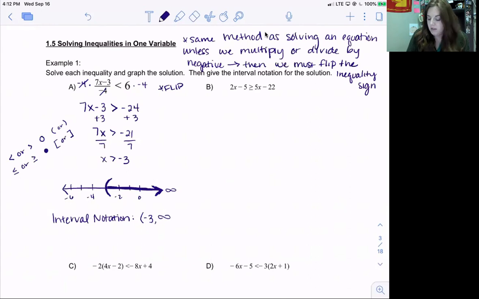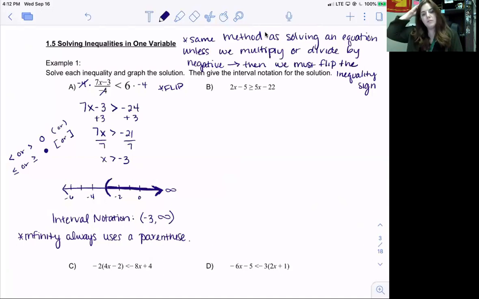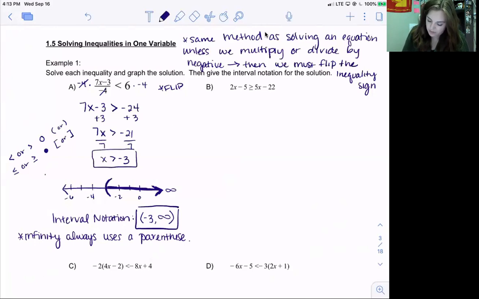So I'm going to bring that down, and infinity always uses a parenthesis. And that would be your solution. So that's our interval notation. This is our inequality, and here we have our graph.